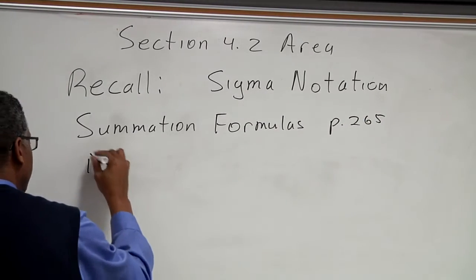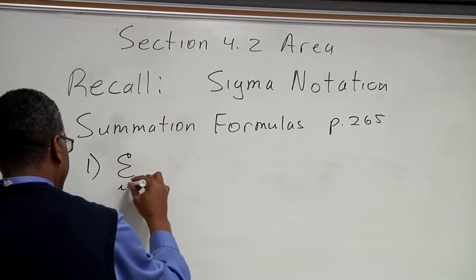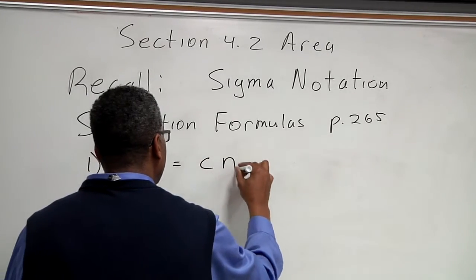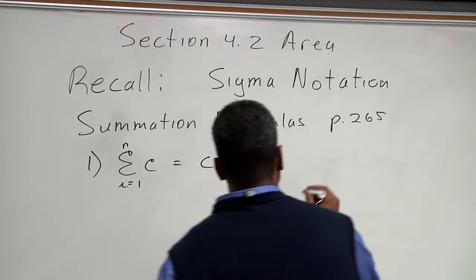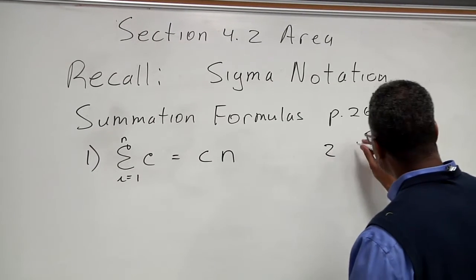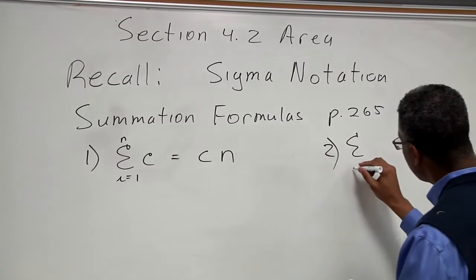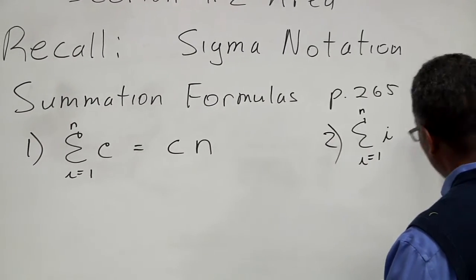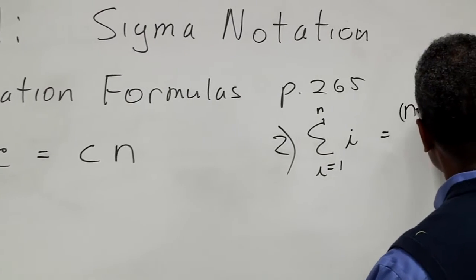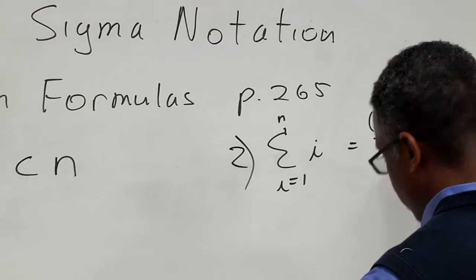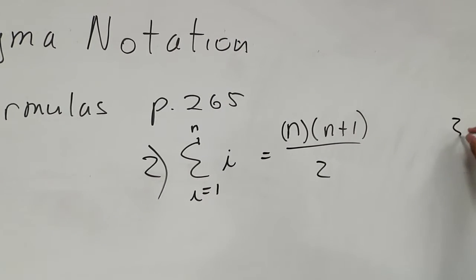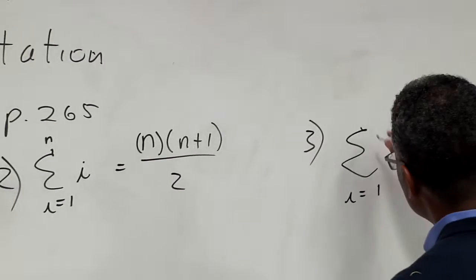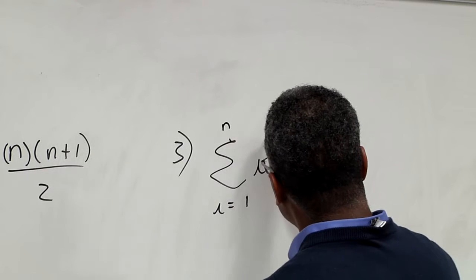The first formula is the summation from i equals 1 to n of c equals c times n. The next formula is the summation from i equals 1 to n of i, and that equals n times (n plus 1) over 2. The third formula is the summation from i equals 1 to n of i squared.